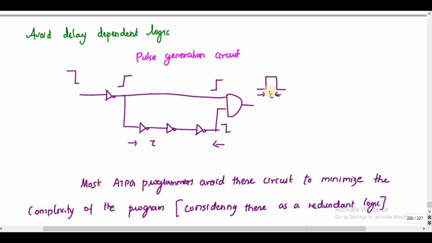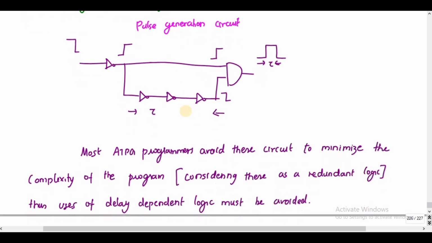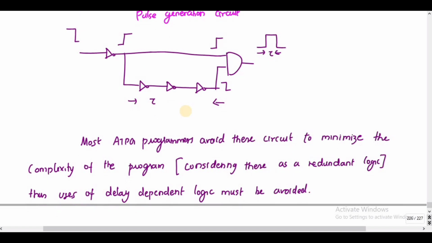Most automatic test pattern generation programmers avoid these types of circuits in order to minimize the complexity of the program, and they consider the circuit as redundant logic for the combinational circuit, as it uses delay-dependent logic. So this must be avoided.